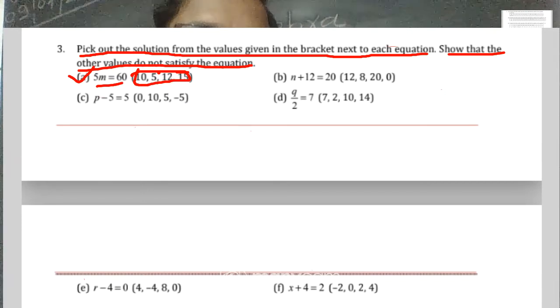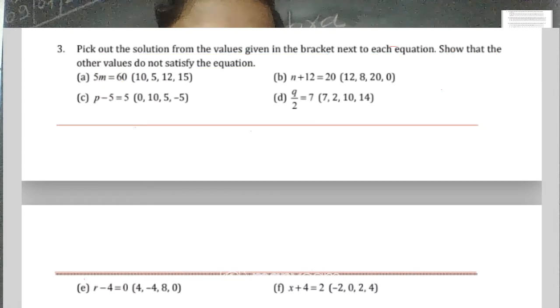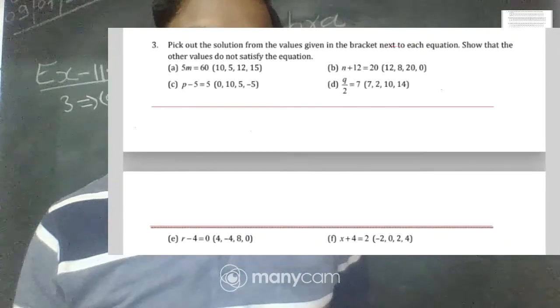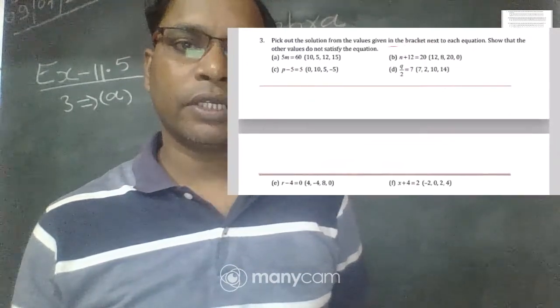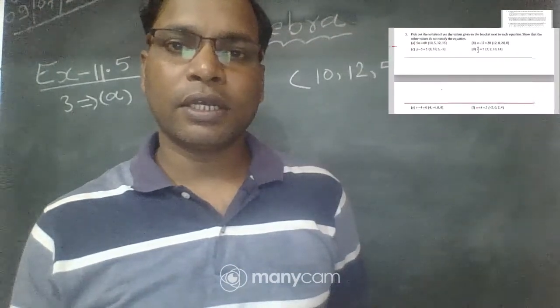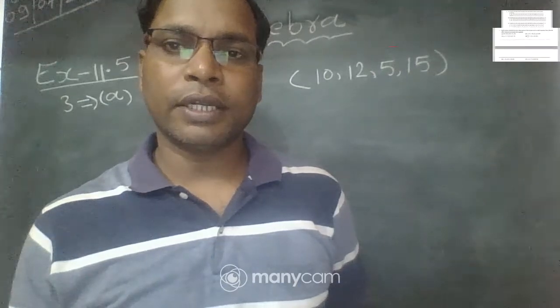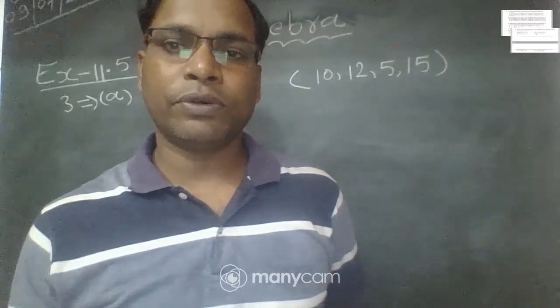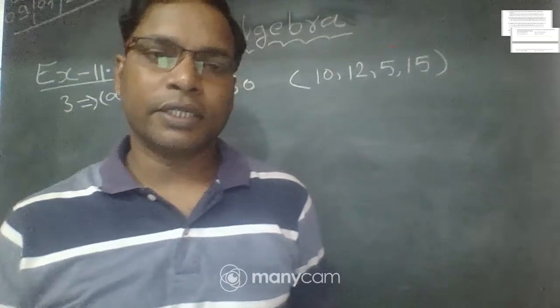Let's see how to solve this question. Part A of question 3: 5m is equal to 60. The solution is given in the bracket. You can see 10, 5, 12 and 15 in the solution.